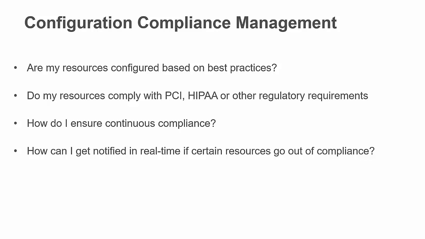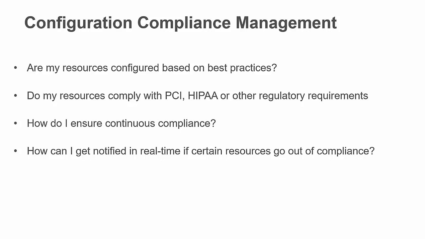Configuration compliance management, on the other hand, is about verifying that your resource configuration complies with baseline policies or best practices. Now, this could be policies designed to meet your regulatory requirements from PCI or HIPAA, or it could be internal policies defined by your own InfoSec team.